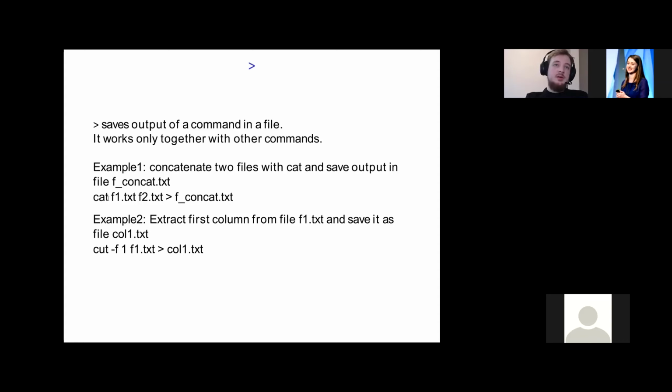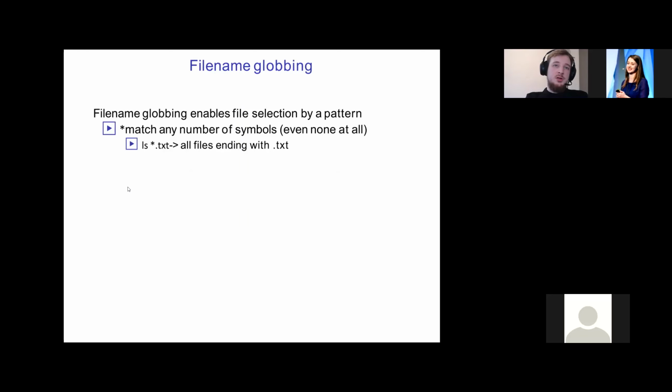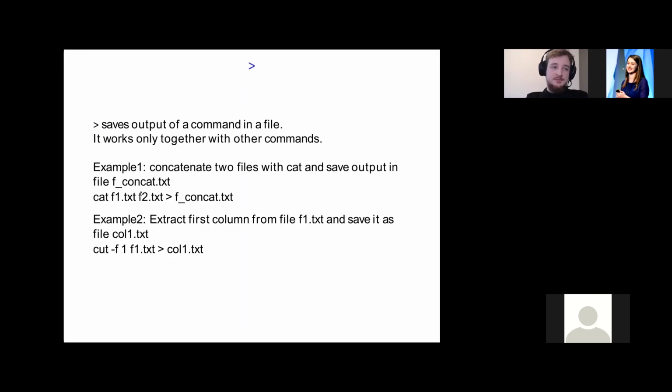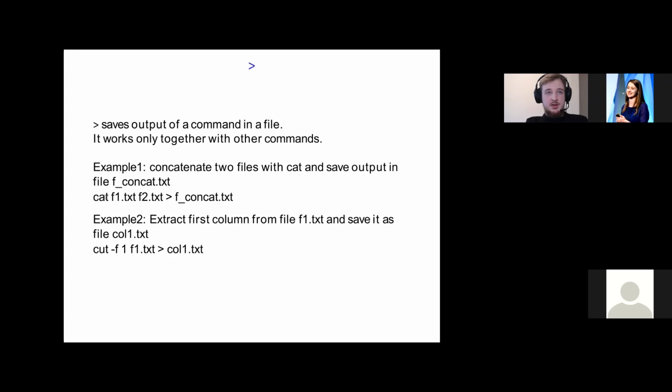Here's an example: if we want to concatenate 2 files, f1.txt and f2.txt, we provide them as input to the cat command, and we use the greater than sign to point the output to f_concat.txt.